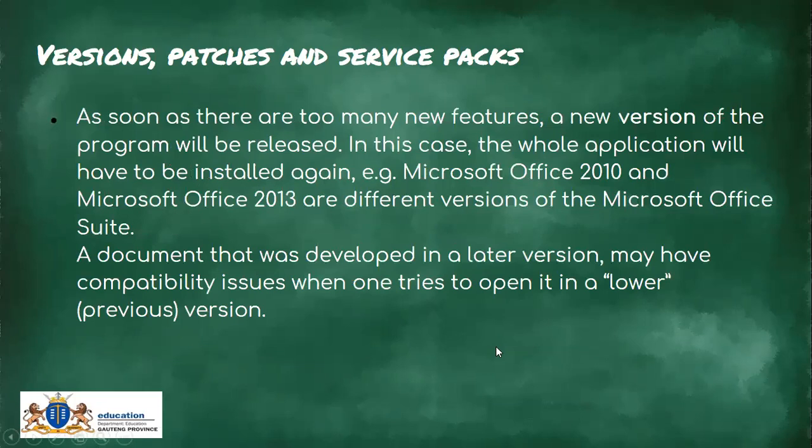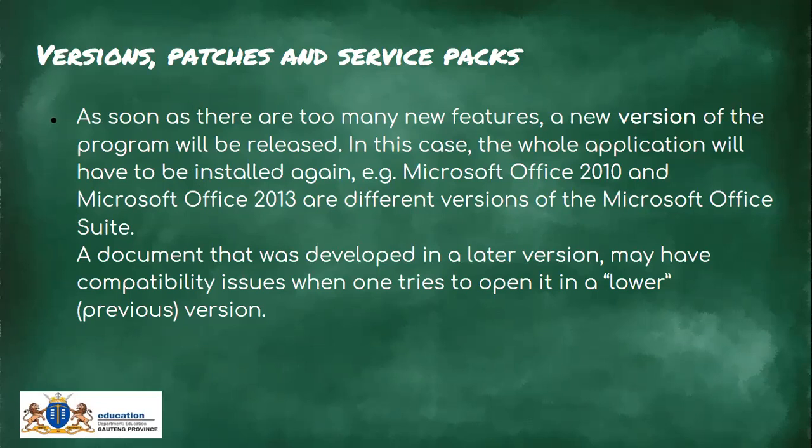As soon as there are too many new features, a new version of the program will be released. In this case, the whole application will have to be installed again, e.g. Microsoft Office 2010 and Microsoft Office 2013 are different versions of the Microsoft Office suite. We know what a patch is and what a service pack is.